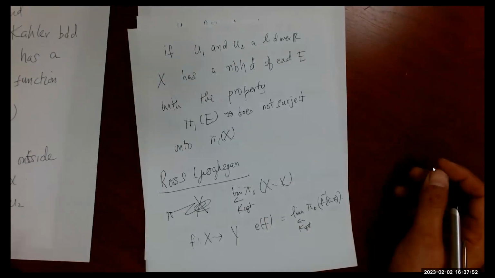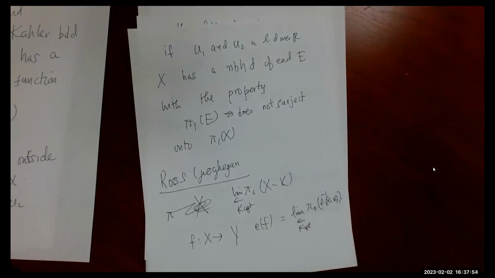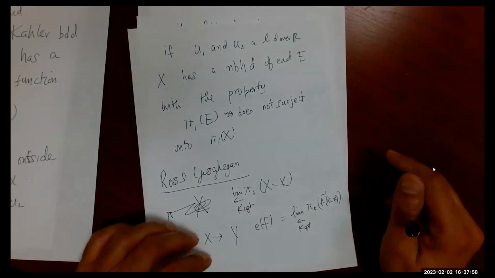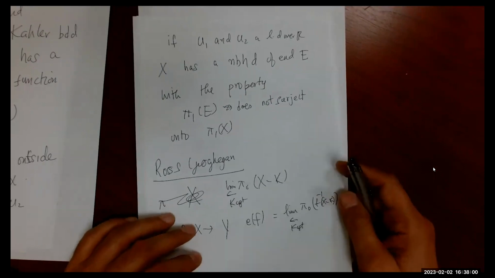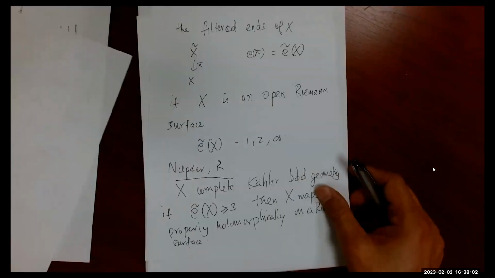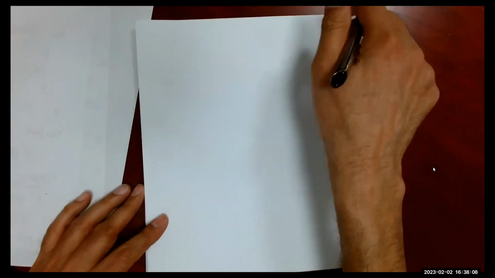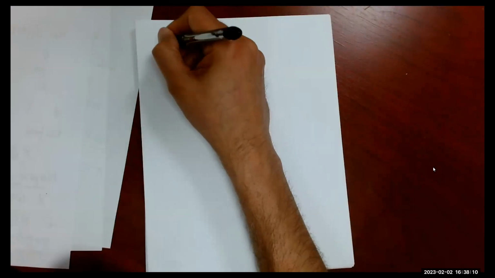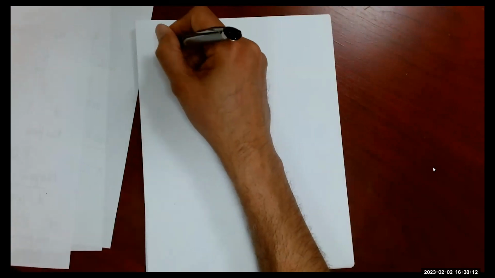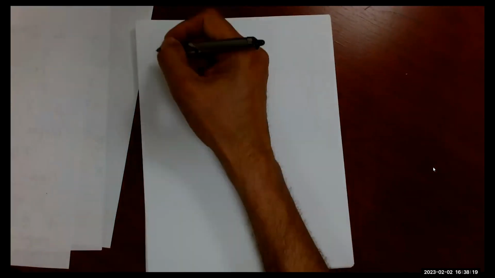Then the question becomes: what if U1 and U2 are linearly independent? What had happened was we had to split it into two styles of argument. Anyway, let me just state the theorem.